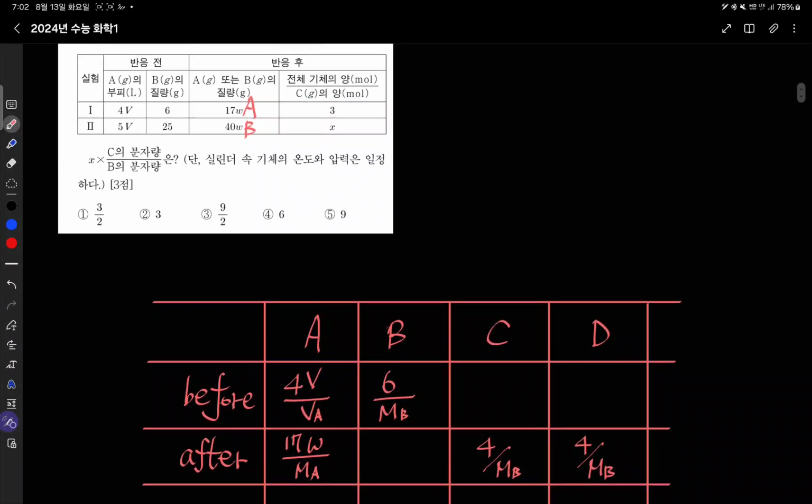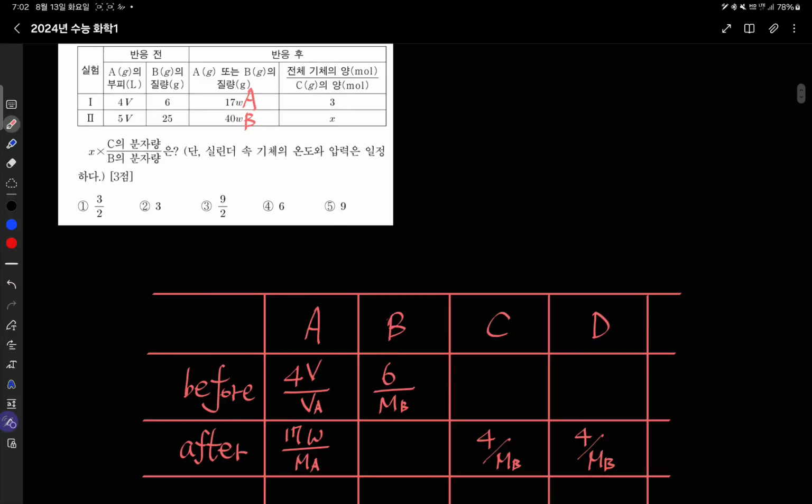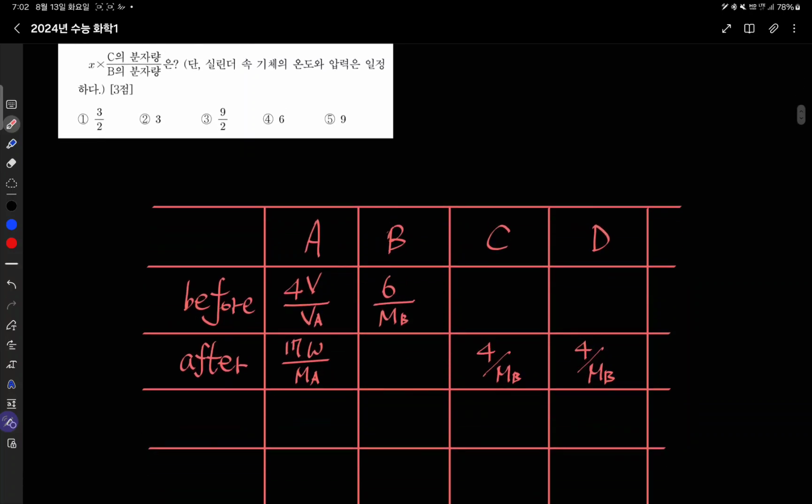And then the ratio of the total gas over the amount of C is 3, because the same amount of C and D are produced after the reaction.